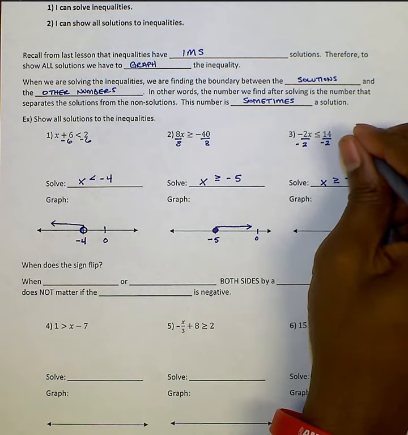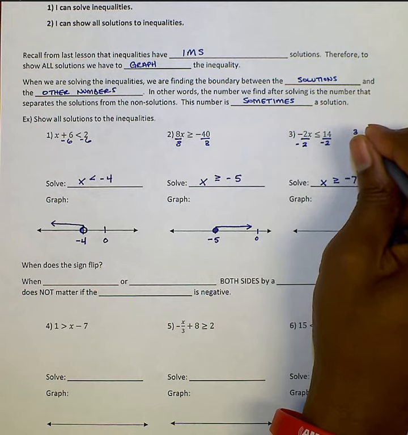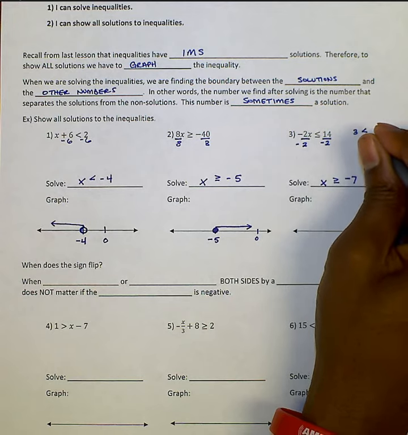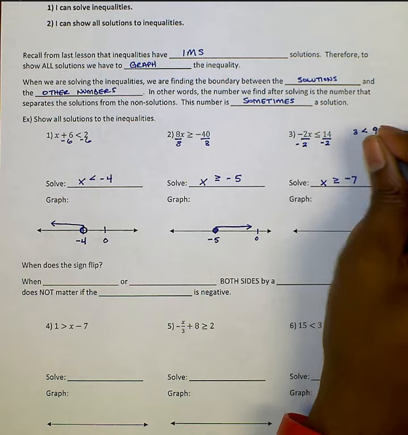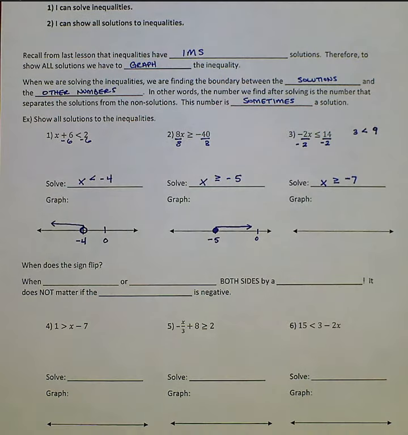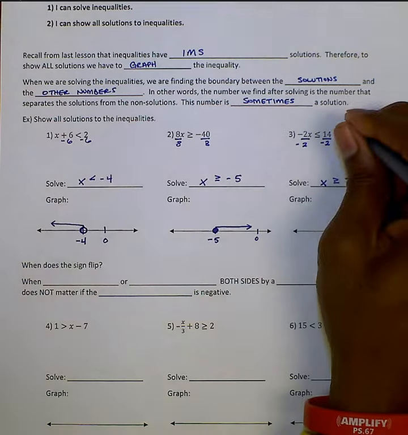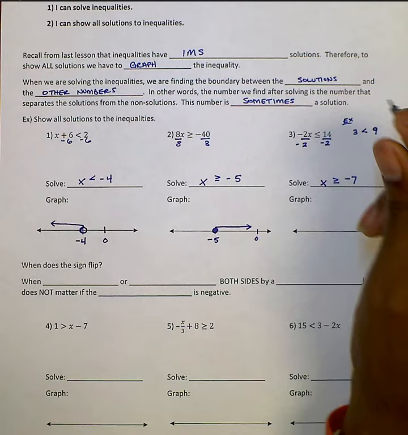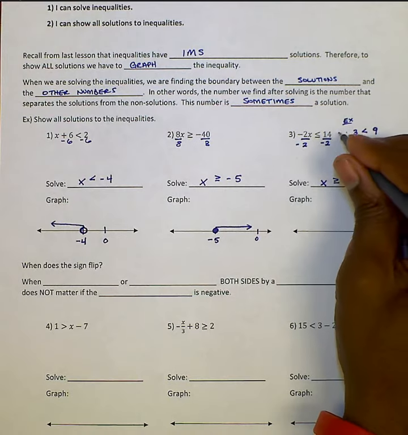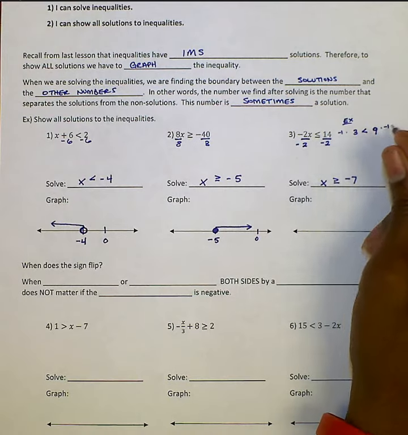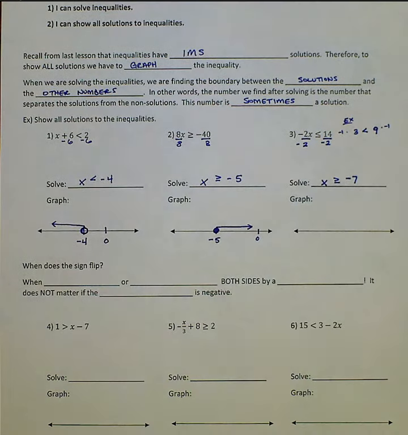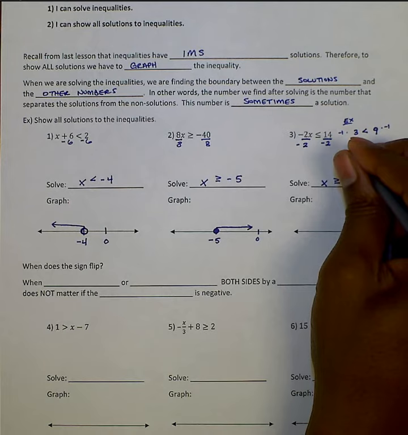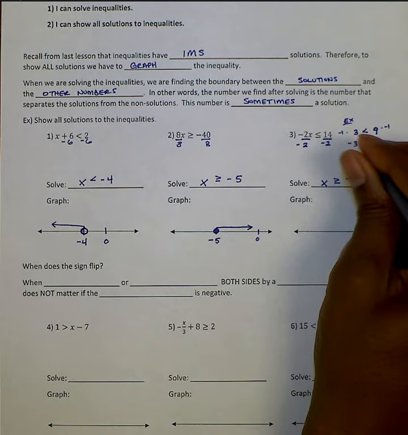Alright, so follow me over here. If we have an inequality, let's say 3 is less than 9. Okay, 3 is less than 9. That is a true statement. Okay, if we multiply both sides by a negative number, and in this case I'm just going to multiply by negative 1, we'll have negative 3 on the left side and negative 9 on the right side.